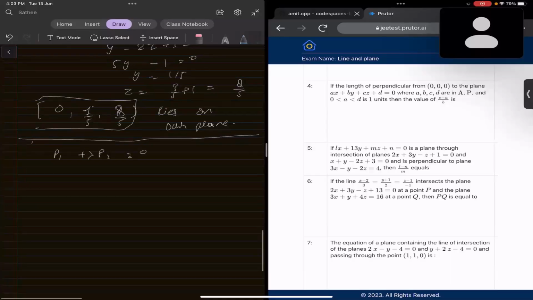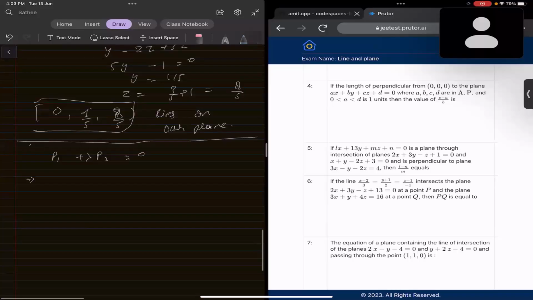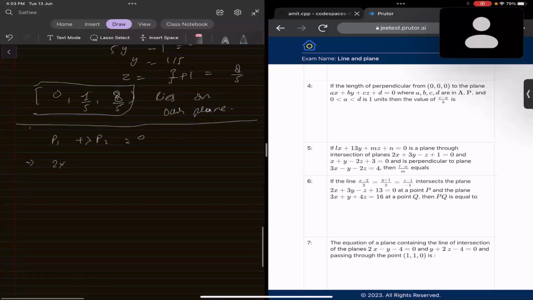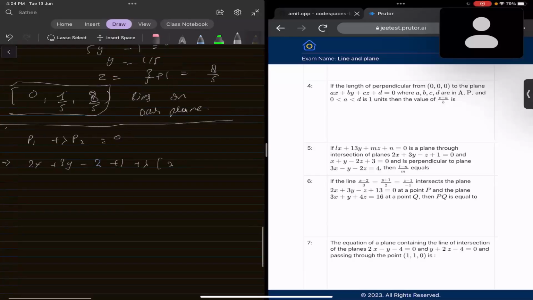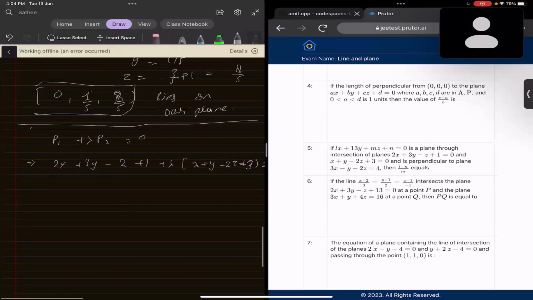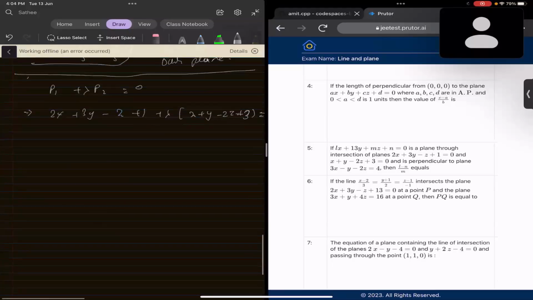So if we write in that way, then this is equal to 2x + 3y - z + 1 + lambda times (x + y - 2z + 3) = 0. From here we can collect the coefficients of x and y.